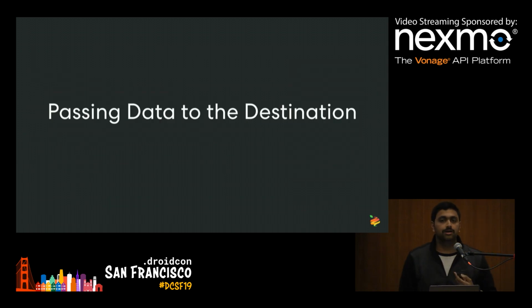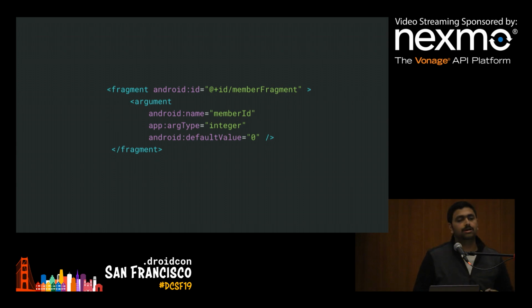We saw destinations and actions and how they bond together, but the most important thing in an application is that no two screens are independent. We always pass around data, we always save data somewhere and then retrieve it somewhere else. We struggle a lot with passing around arguments.